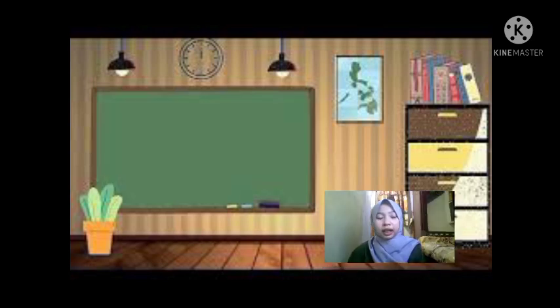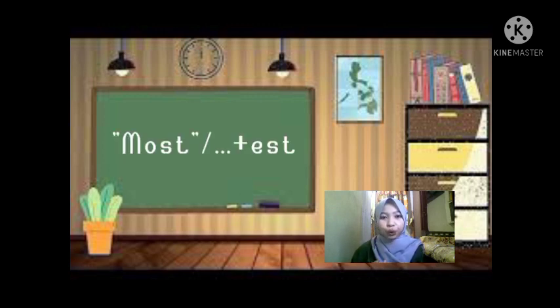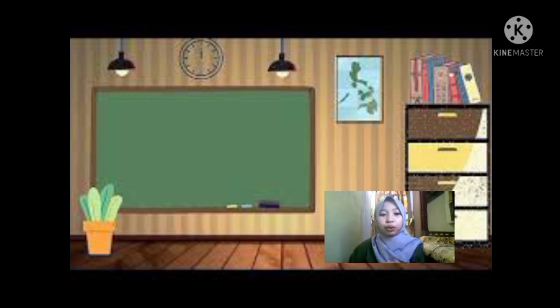The next is superlative. The structure of superlative is using most. We should add most, or est to the last word, to express the biggest or the highest in a group.